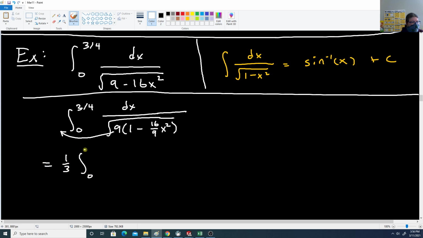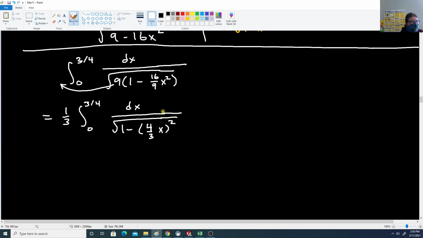I have integral of 0 up to 3/4 dx over the square root of 1 minus, I need to rewrite this as some stuff squared. And then what's in here is what we'll use for u. So 16/9 is, if you square 4/3, you get 16/9, and if you square x, you get x squared. So we get this expression here.